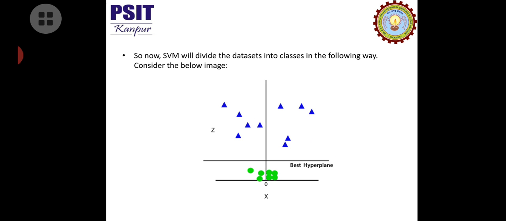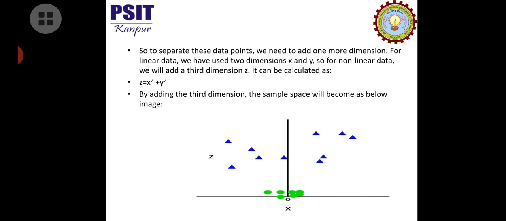Now SVM will divide the dataset into classes in the following way. Consider the below image: blue and green and the best hyperplane. In the previous image, you have created a new axis, a new dimension.